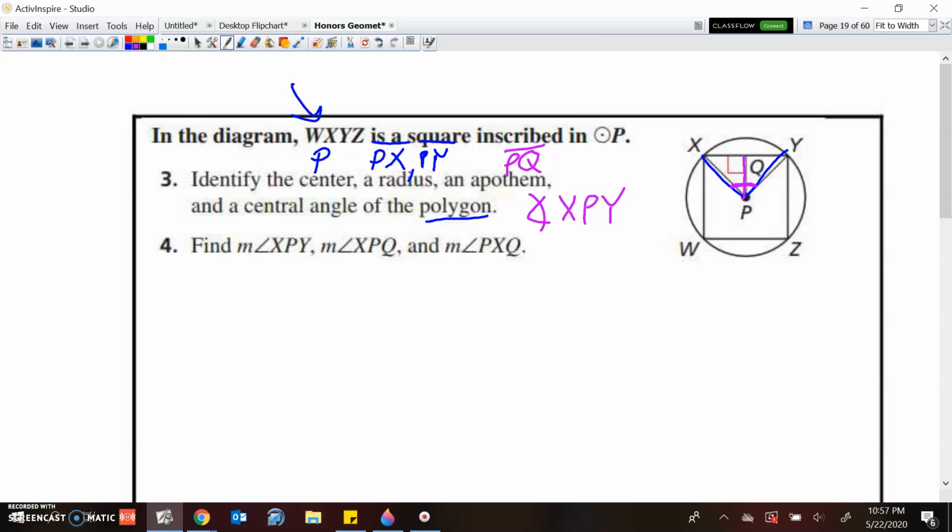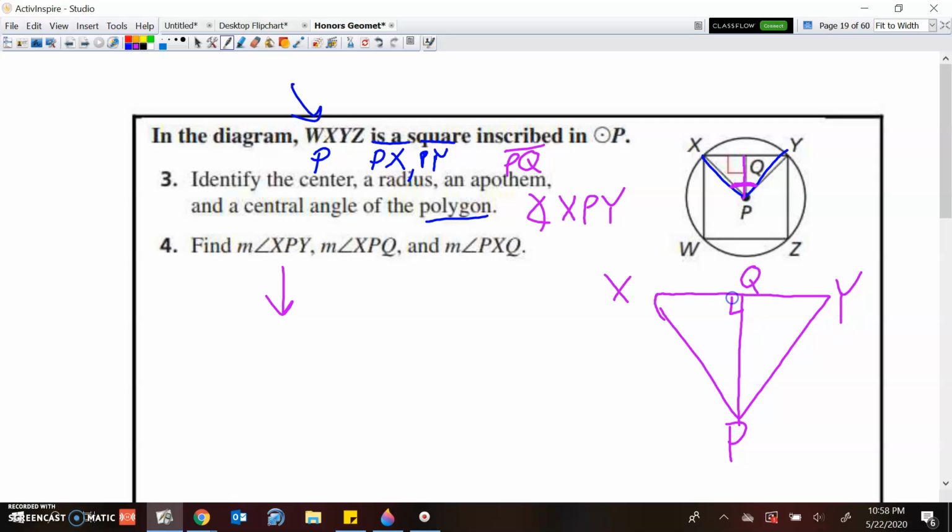So it's going to be angle XPY or YPX, either one. Now they want us to find those measures, so angle XPY, this angle here. If I redraw the triangle XPY, I'll draw in that this is point Q and that's a right angle. Right now what they're asking us for is XPY, this whole thing.